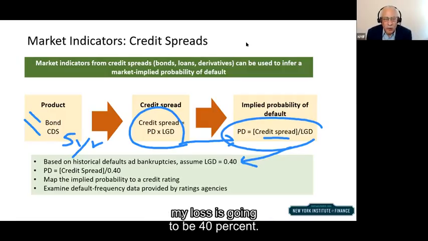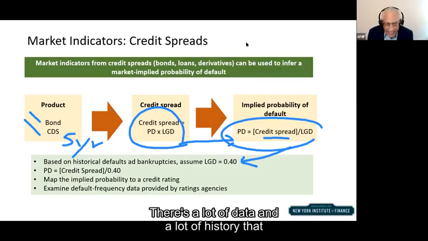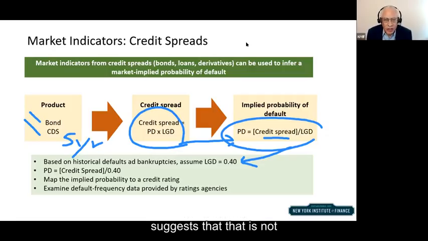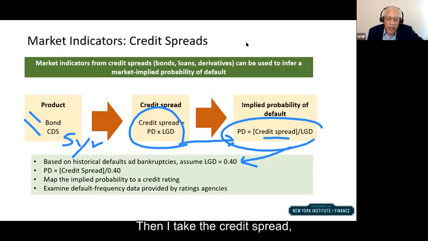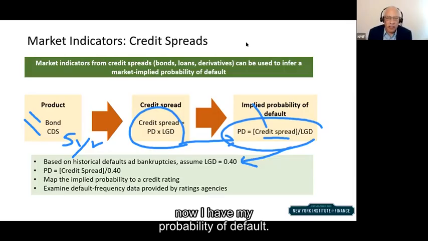My loss is going to be 40%. There's a lot of data and a lot of history that suggests that that is not unusual. That's not unreasonable. So let's assume that the LGD is 40%. And so then I take the credit spread, I divide that by 0.4. Now I have my probability of default.